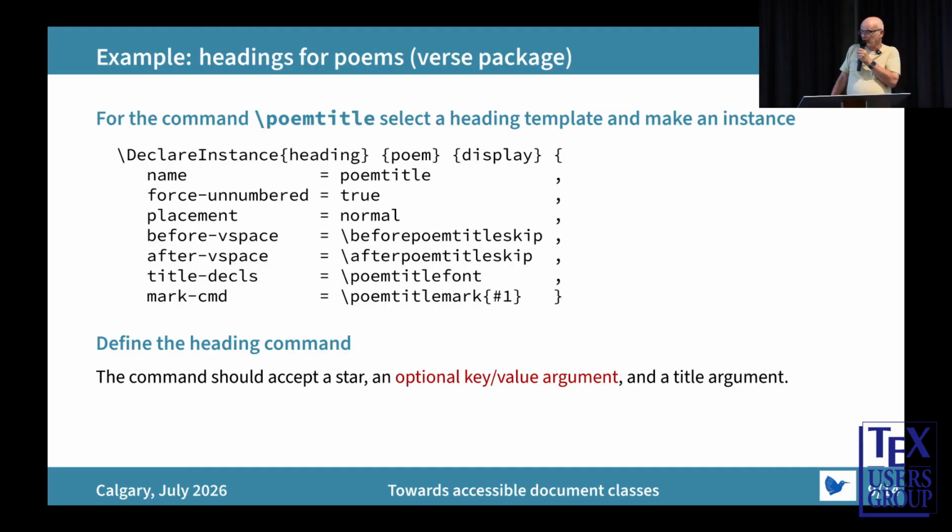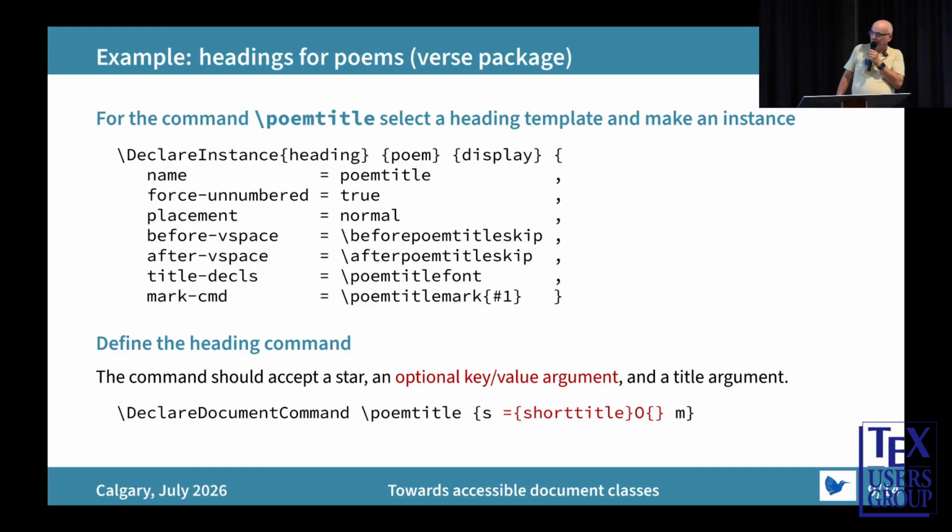And to do this in modern LaTeX, you declare a document command, which is poem title, which has 3 arguments. The S stands for star, Boolean value, true or false. The second one, which looks a little bit odd, but the important part is this uppercase O is an optional argument with a default value of being empty. And the third is M for mandatory.